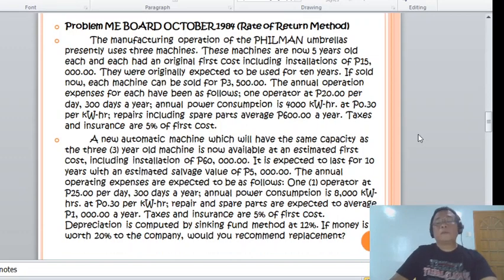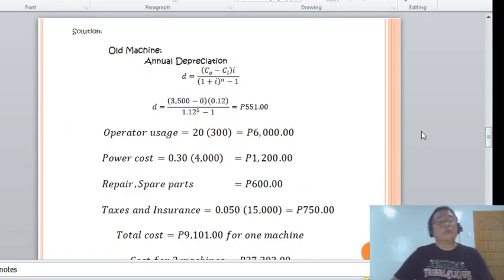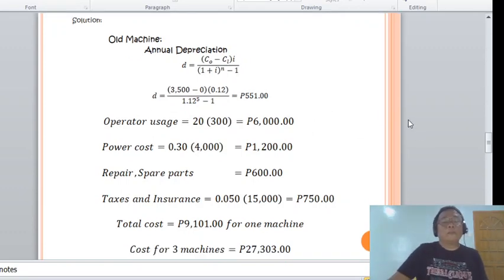Here is now the solution, class. Let us consider the old machine first. The annual depreciation can be computed using the given data: 3,500 minus no salvage value, multiplied by 0.12, and then divided by 1.12 raised to 5 minus 1. That is 551. The operator cost is 20 multiplied by 300 days a year, so that is 6,000.